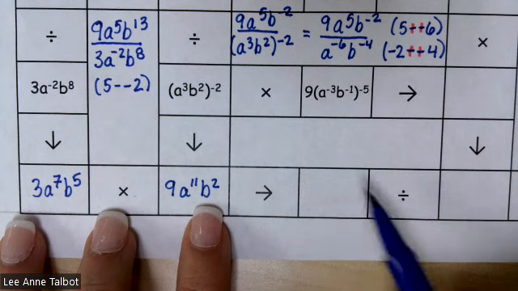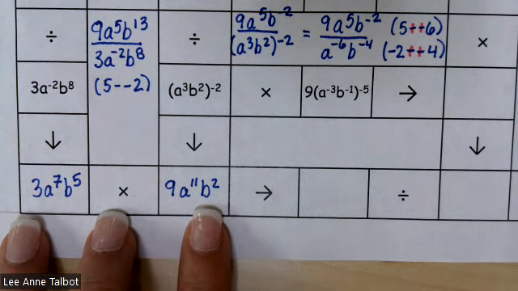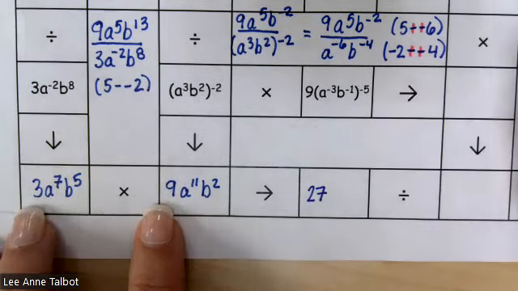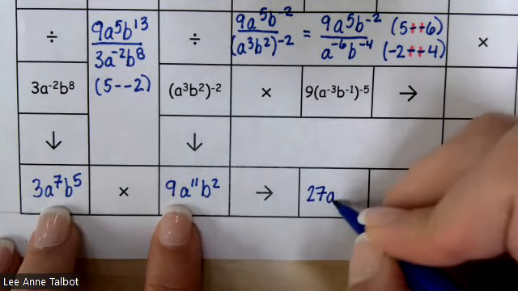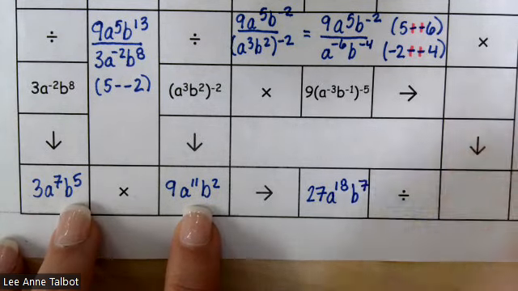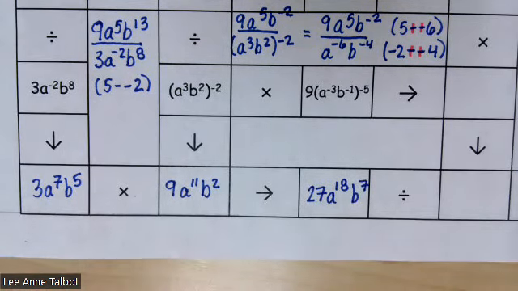Ooh, is this going to be an easy one? So 3 times 9 is 27. Add. We got a kind of a freebie there.